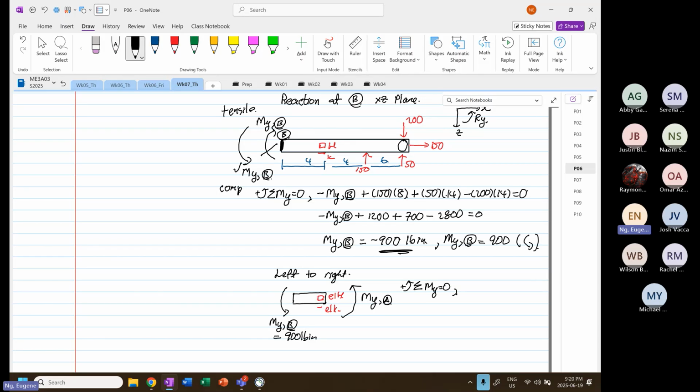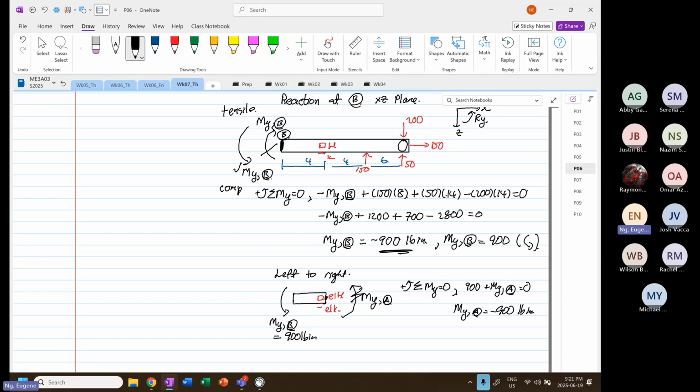So you have 900, and this point down here is going at 900 anti-clockwise, and then plus MY at point A, the whole thing is equal to 0. MY at point A is equal to minus 900 pound inch.